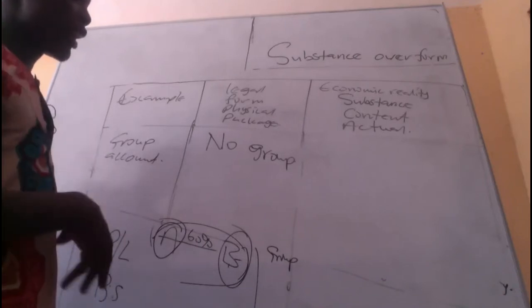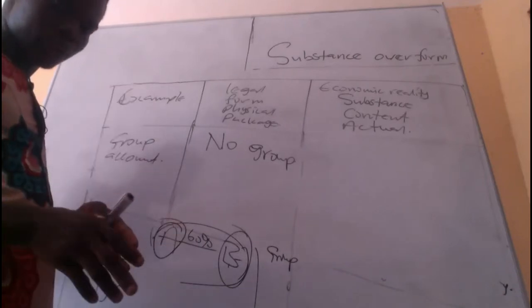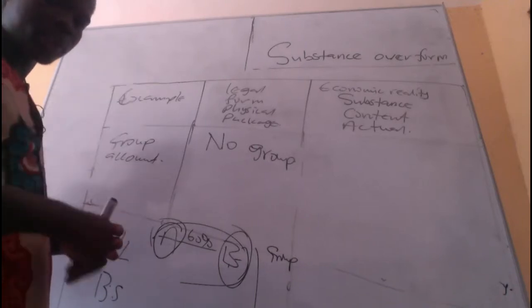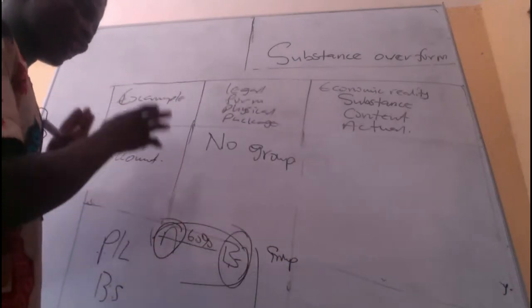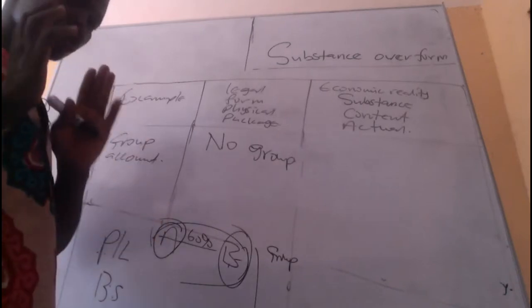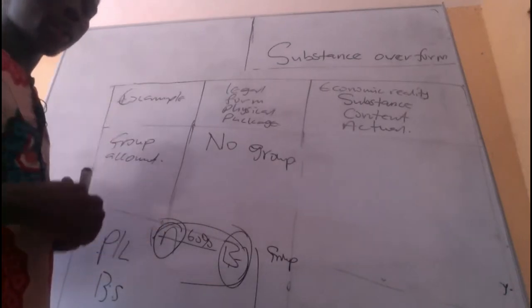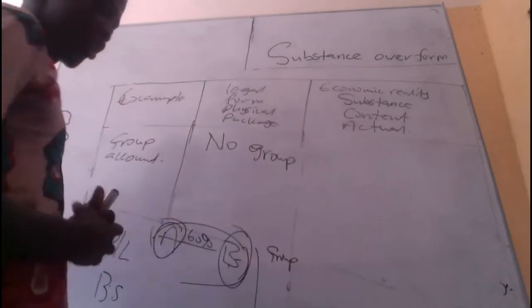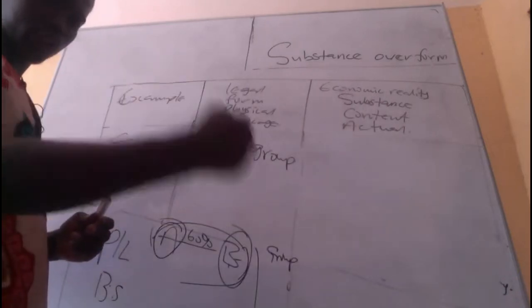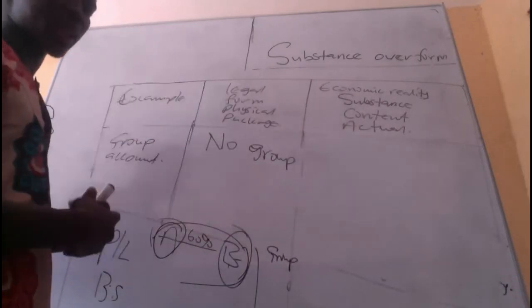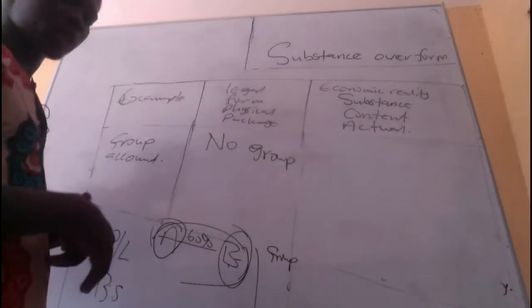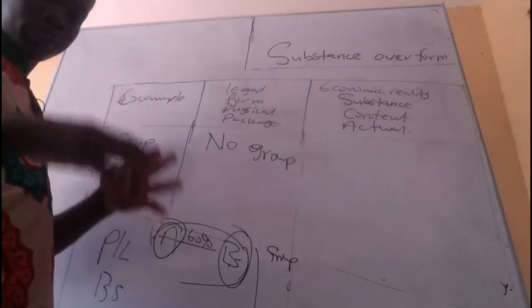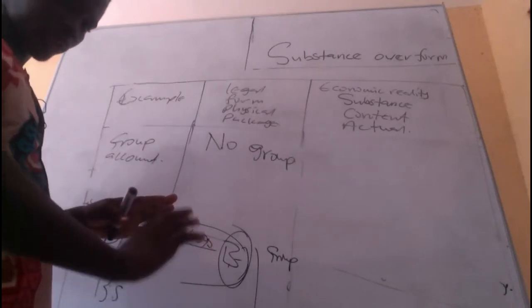Good. Then there is a branch, and then a permanent establishment or extension. That is different from a group. So take note. Don't confuse yourself with extension, branch or permanent establishment. Let's assume you're operating in Ghana, in the Central Region.